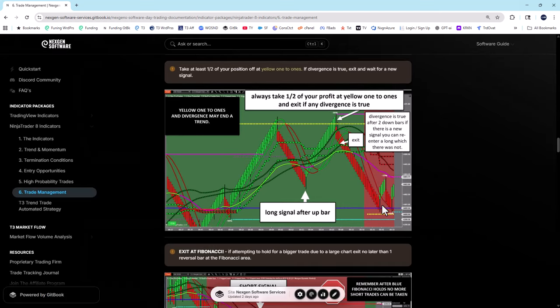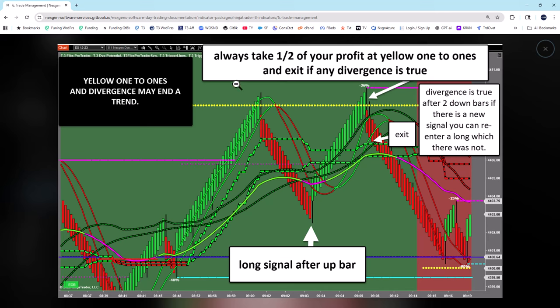The other thing, if you get a long signal and you run into one-to-ones, usually that's a really good spot to take majority of your money. For me personally, I like this as an absolute exit. You may say, I'll get my stop up behind the triggers if you wish to give it a chance.